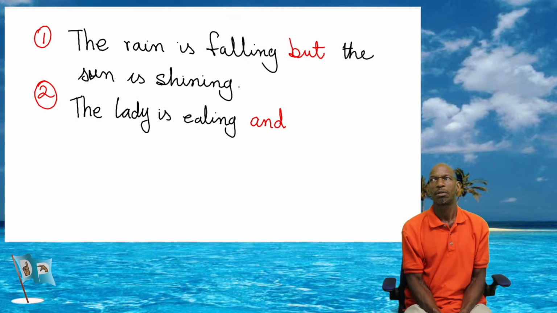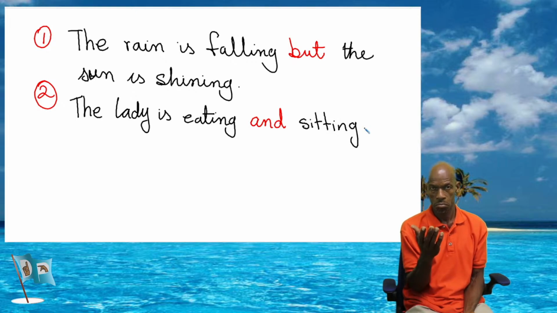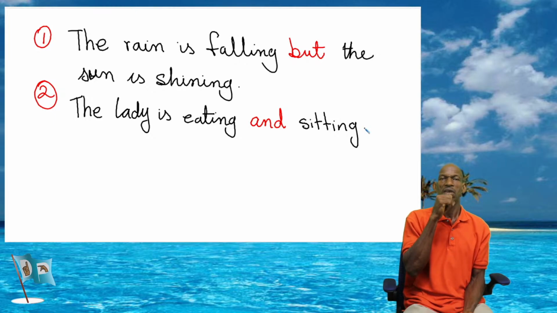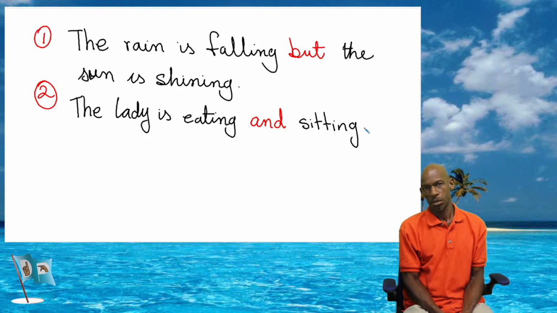The lady is eating and sitting. So you're not writing the lady again. We already know the lady is doing it, so we don't have to write it over and over. So the lady is eating and sitting.